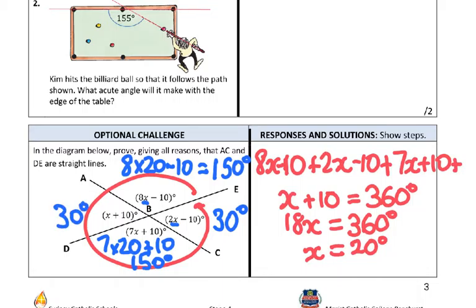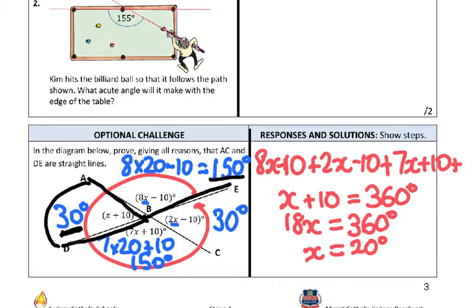So now, in proving straight lines, basically all you have to say is that because this angle here, angle ABD, plus the angle ABE is 30 plus 150, is 180.